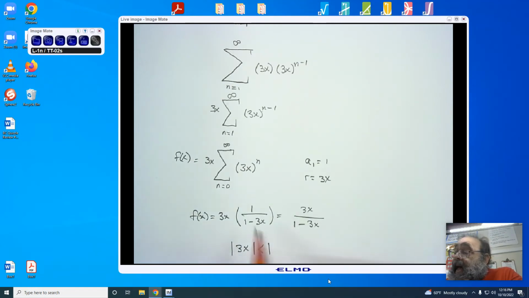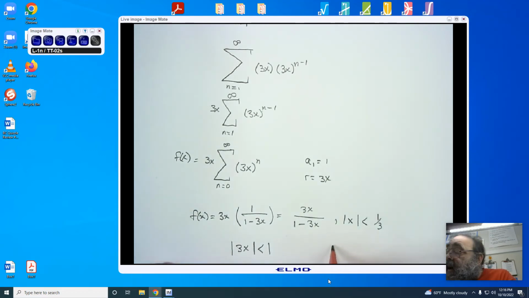That means that my series has a sum of 3x divided by 1 minus 3x for the values of x that are between negative 1/3 and 1/3.